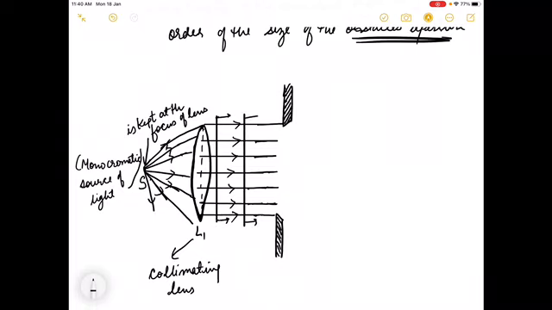Yes or no? Plane waves will be coming just like that. Let me call the plane wave A and B, right? This is the dimension of the slit, and let me call the dimension of the slit a, right?